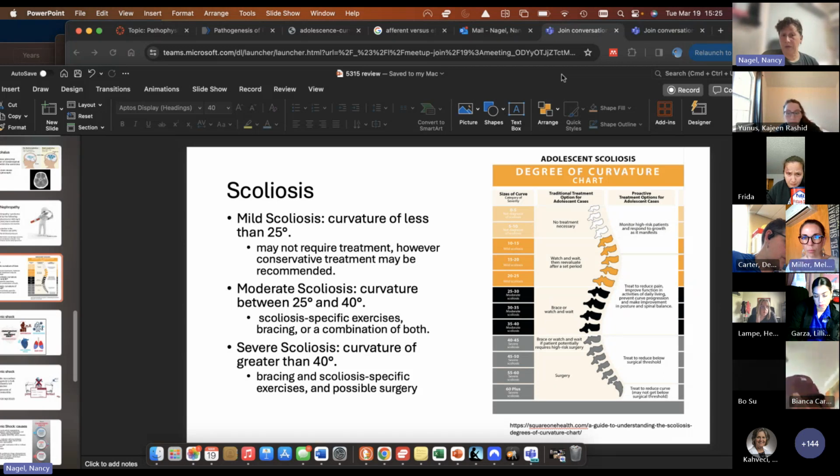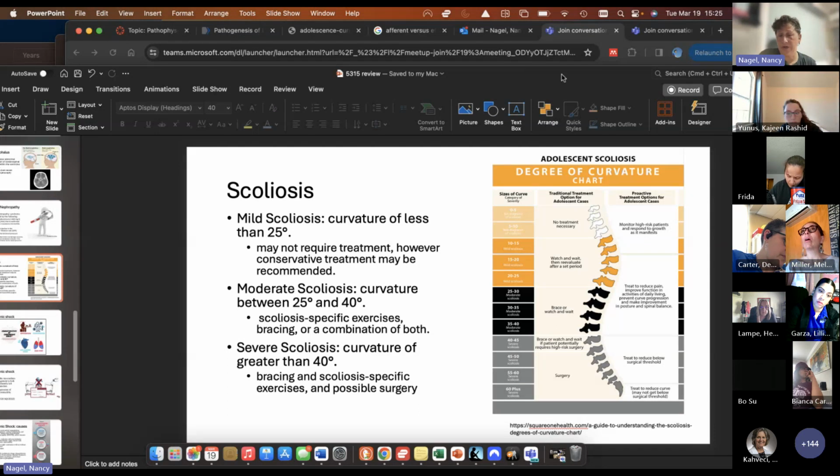So mild is considered less than 25, moderate is 25 to 40, and that's going to be a combination of exercises, bracing, and physical therapy, because they don't want it to progress into a further curvature.